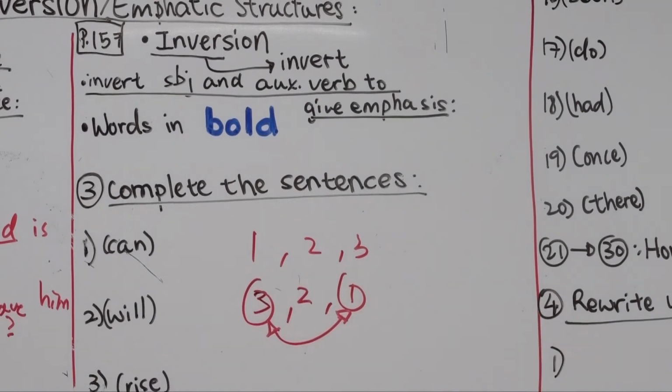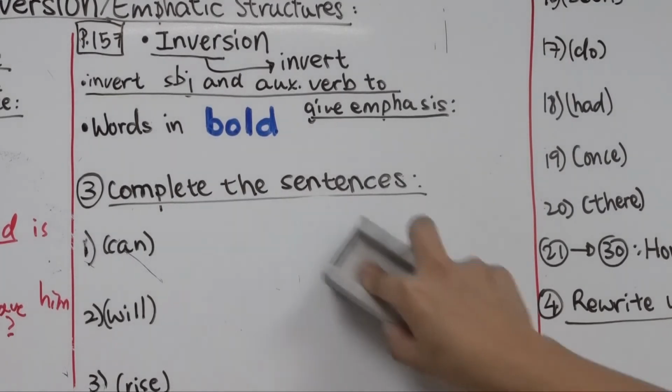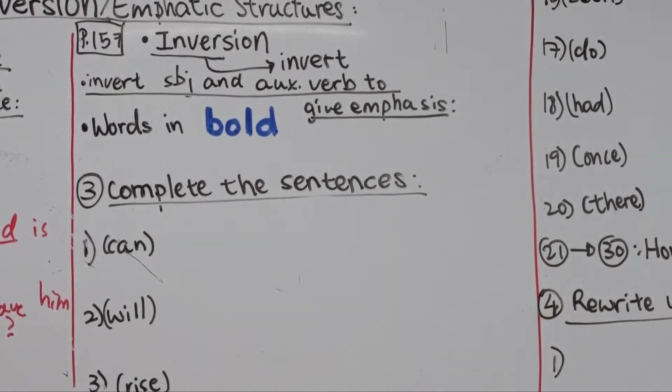These are called inversions. So what is it exactly we're inverting? We are inverting the subject of the sentence and the auxiliary verb, or helping verb, to give emphasis. We can look at the words in bold in the table.